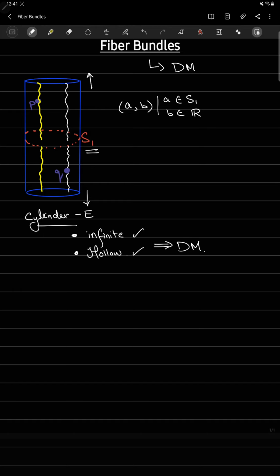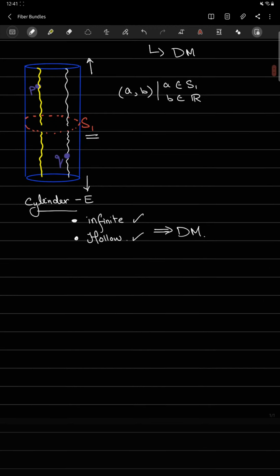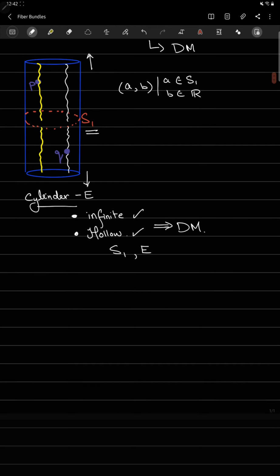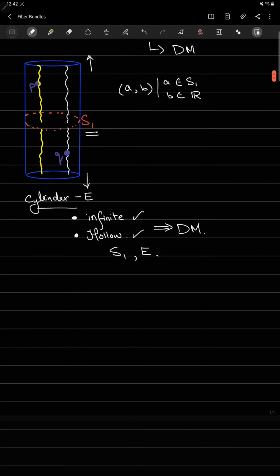Now, you have to note as well that your S1 is also a differentiable manifold. Your E, we have concluded, is a differentiable manifold. E is the cylinder, and the reals are also a differentiable manifold. So all three of them are indeed differentiable manifolds.